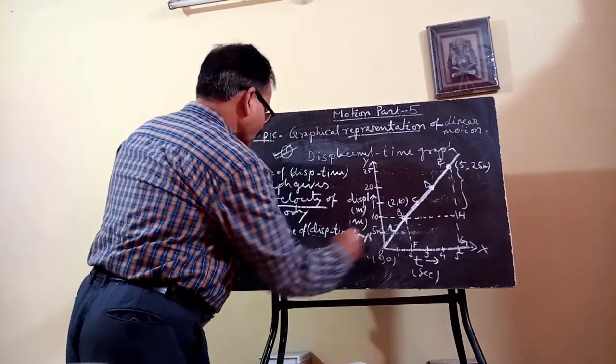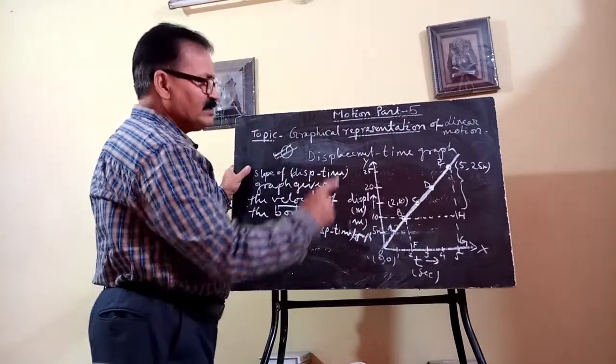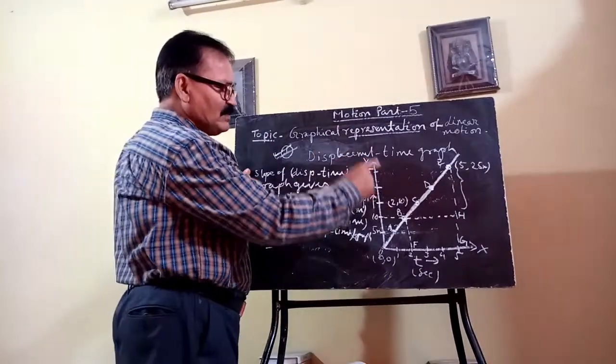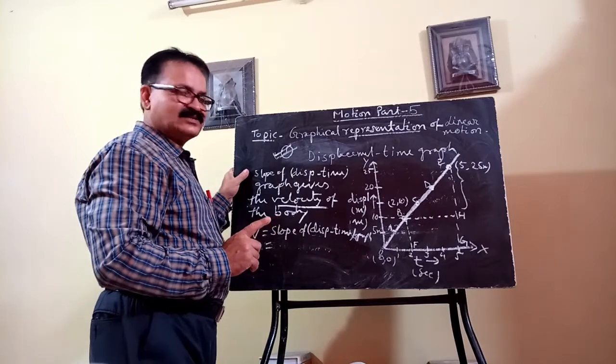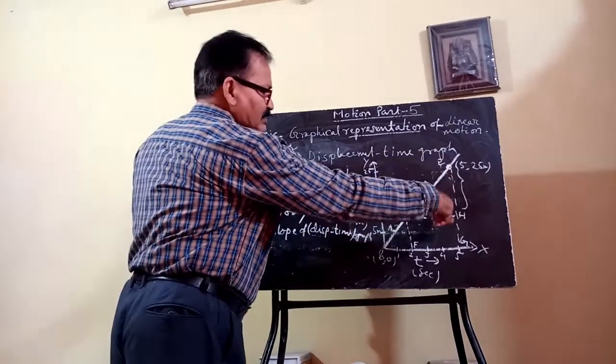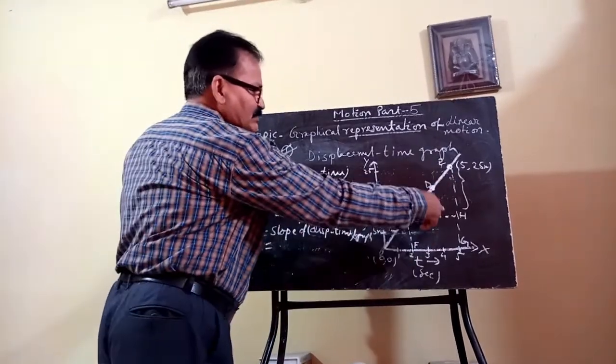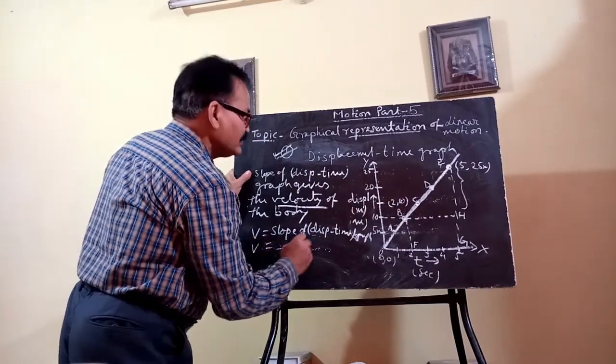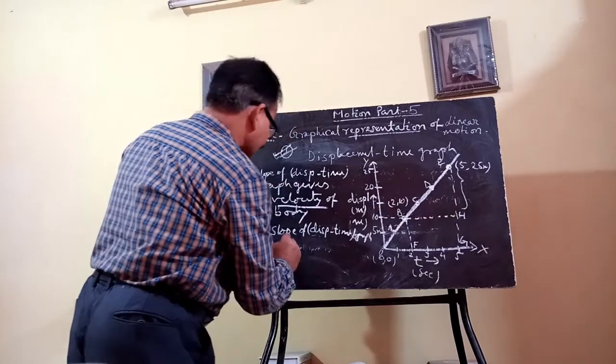For finding the slope, what will we take? We will take the differences of your vertical line and horizontal line. So here in this case, the difference of the displacement for slope, that is V equal to EH over BH.